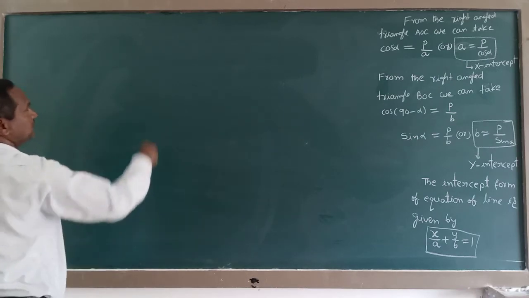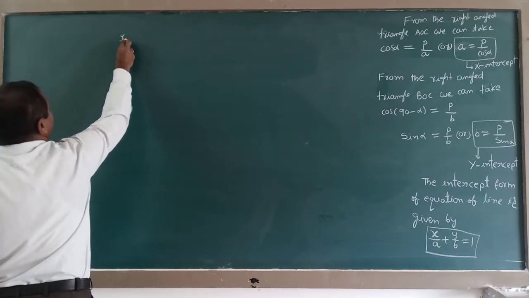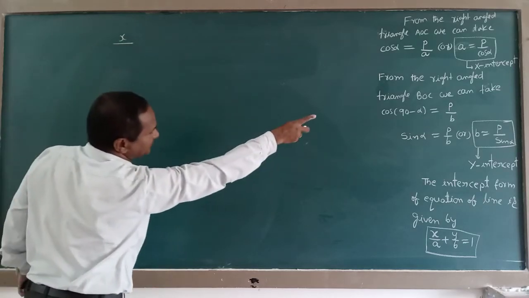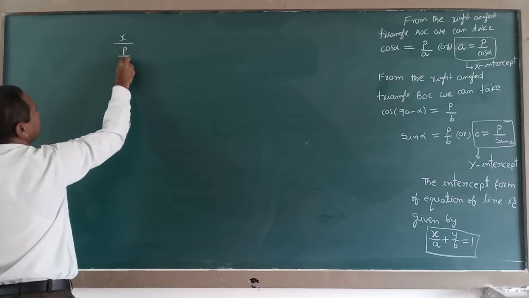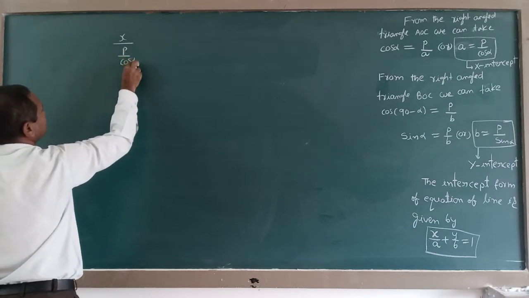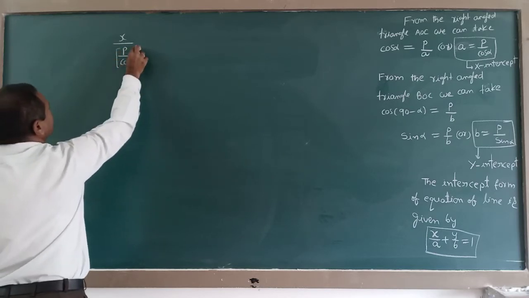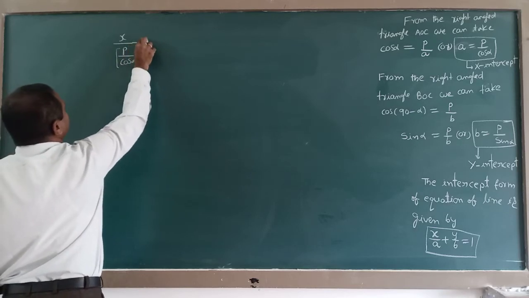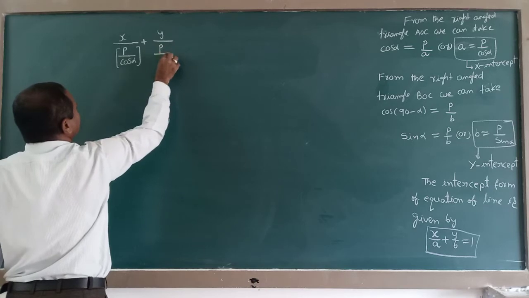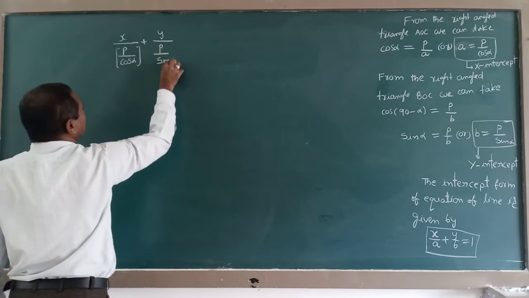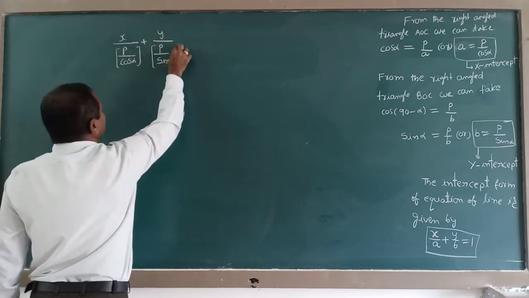So x by a, where the x-intercept is p by cos alpha, plus y divided by the y-intercept, p by sin alpha, is equal to 1.